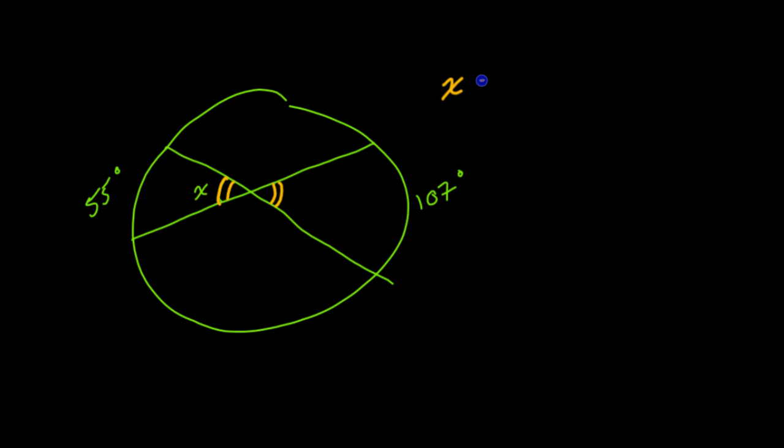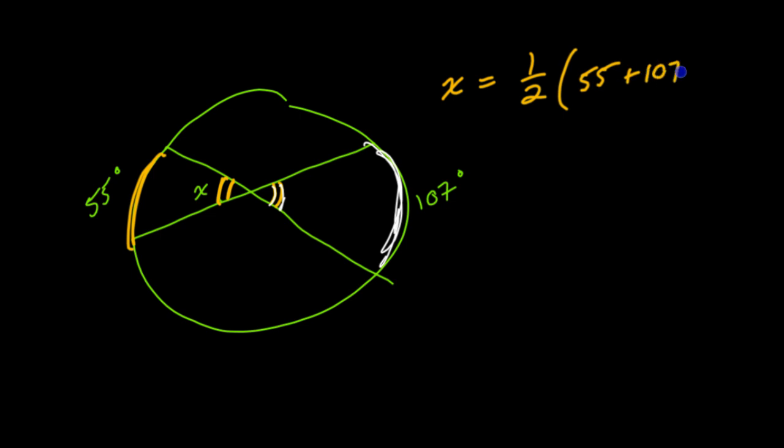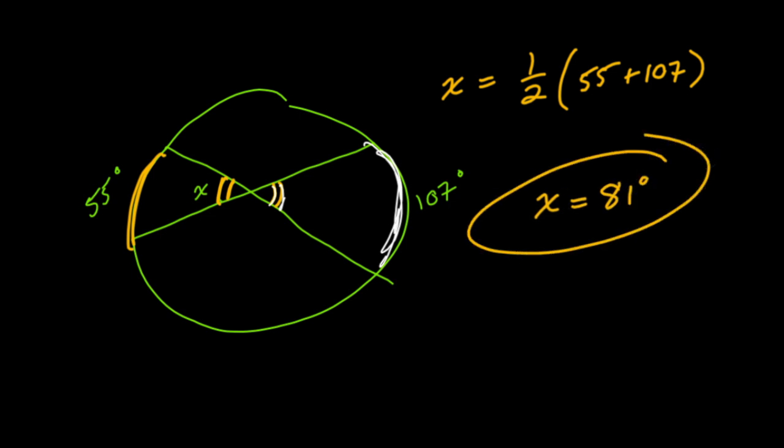So we're going to use that idea of x equals 1/2 the two arcs that are formed by the vertical angles. So it's going to be 1/2 of 55 plus 107, the other arc. Do the math on that real quick. We get x equals 81 degrees. Pretty easy.